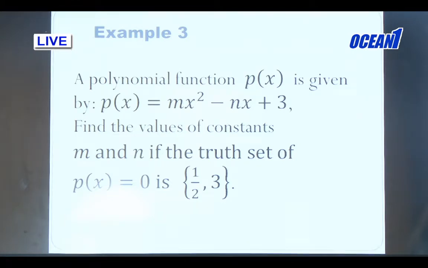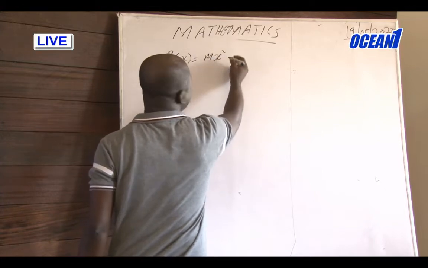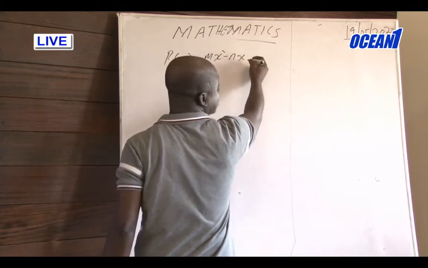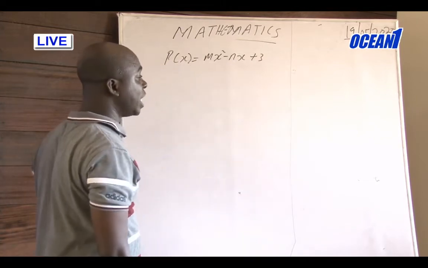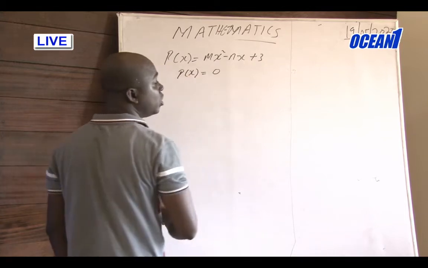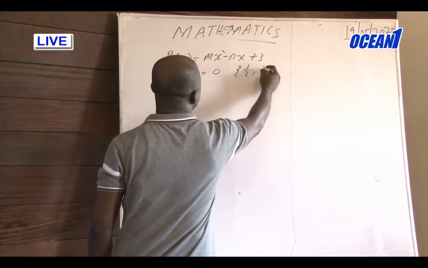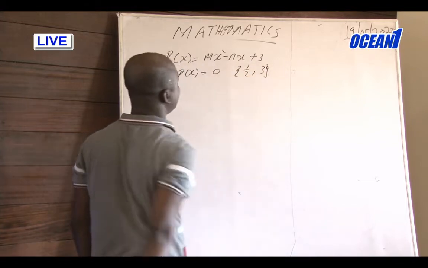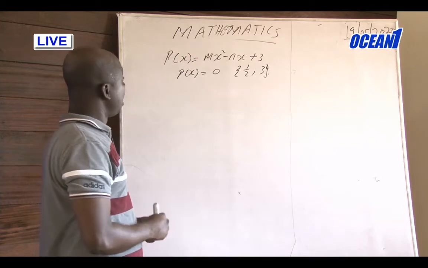So the first part of our result was p of x is equal to mx squared minus nx plus 3. And then we have been told that when we solve p of x being equal to 0, the solution set would be a half and then 3. So our question is, how do we approach it?